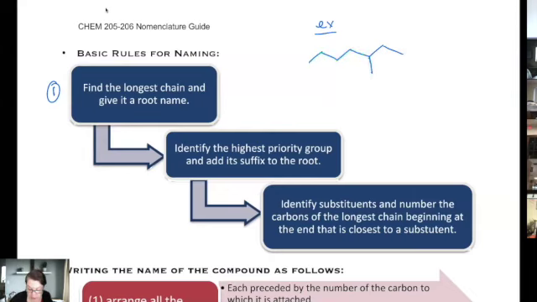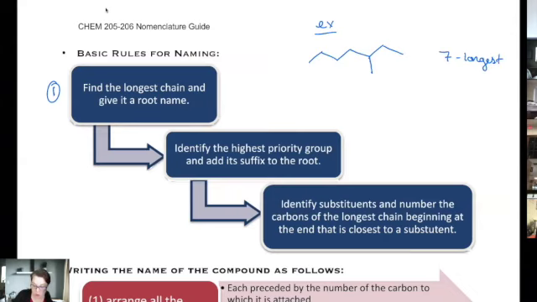Okay, so if I start here and go 1, 2, 3, 4, 5, 6, okay, that's one chain. But I could also go 1, 2, 3, 4, 5, 6, 7. That's a longer chain. You could go 1, 2, 3, 4. Those are all chains, but only one was the longest. So in this case, 7 is the longest chain.